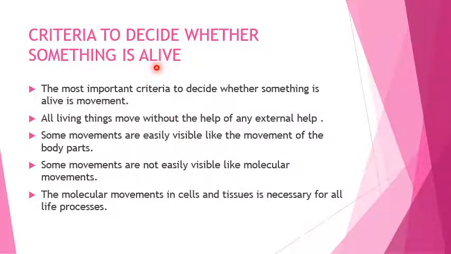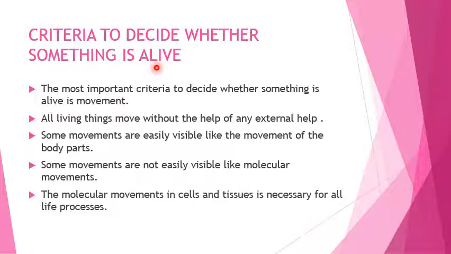Before we discuss what life processes are, we should note how we can distinguish between living and non-living organisms. Very simply, we say the organism which can move, which can grow, which can eat, is living, and the organisms which cannot move, cannot eat, cannot grow, are non-living.